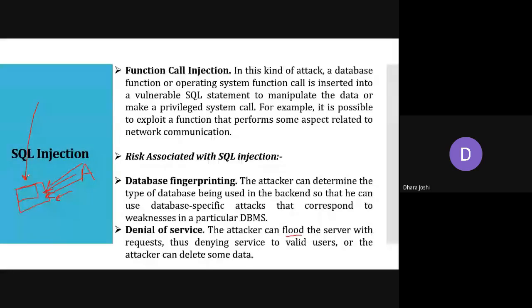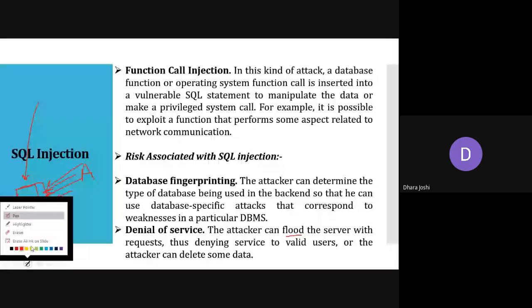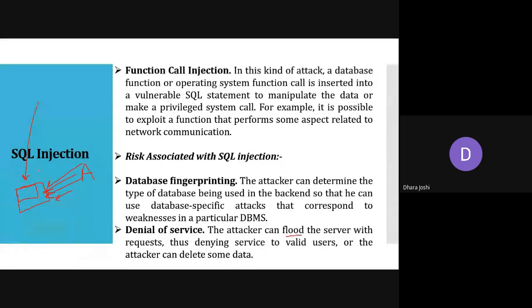And if the attacker wants, they can also delete some data because the server is not available for the rest of the users. So denial of service means the service is not provided right now because there can be multiple requests. So it is called denial of service.